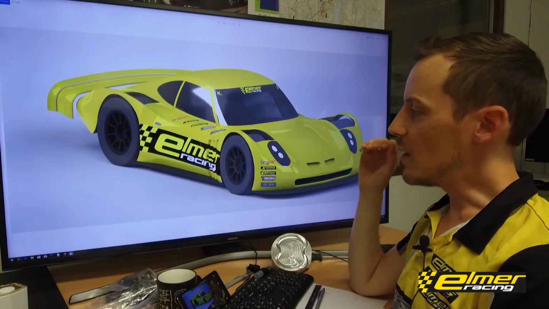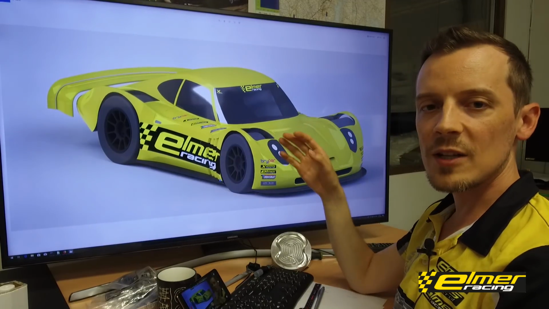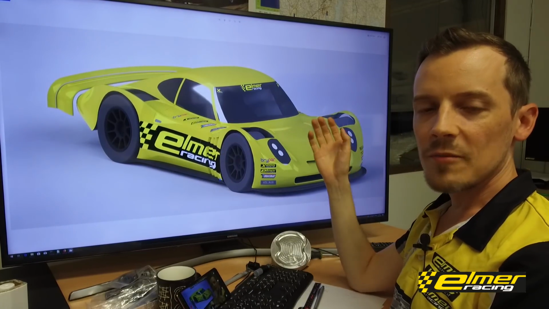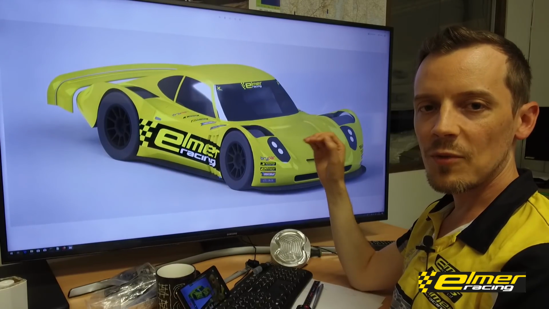That is a huge improvement. We have saved so much money on other aspects of the car, and can work on other things that will improve the performance further.